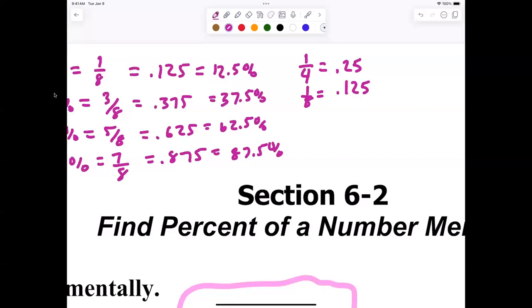And I'm asking you, if you had $25 in your hand, half of that is what? $12.50. That's where the 0.125 comes in. I just took half of 25. Half of 25 is 12.5, so 0.125. Yes or no?